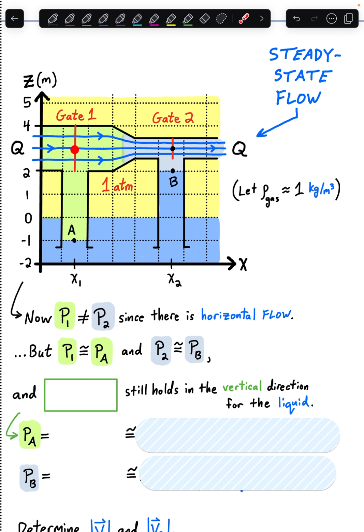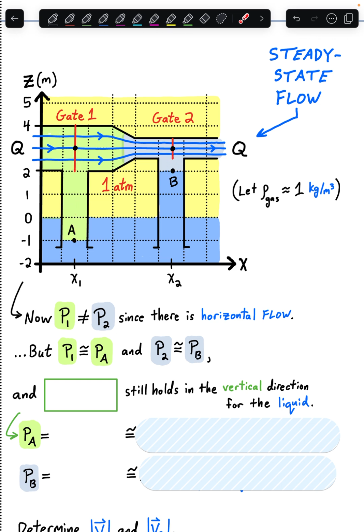So the pressure here at point 1 should be about equal to the pressure here at point A at the gas-water interface, since the weight of this column of gas is negligibly small. So pressure at 1 should match the pressure at A, and the pressure here at 2 should match the pressure at B, again, since the weight of that column of gas is negligibly small.